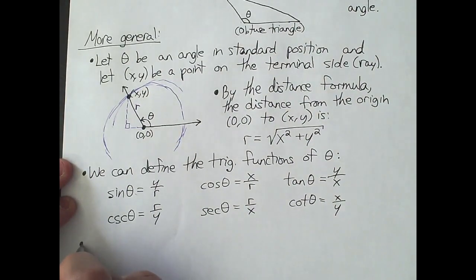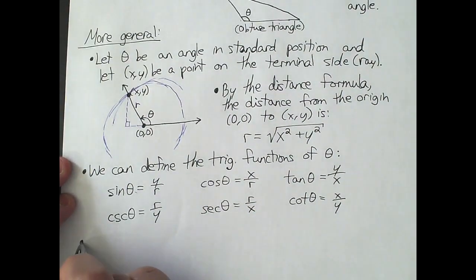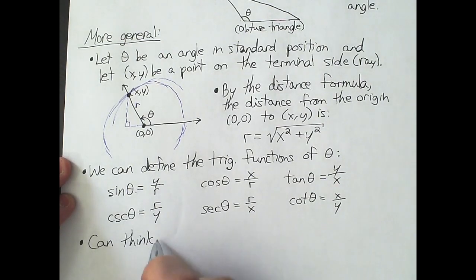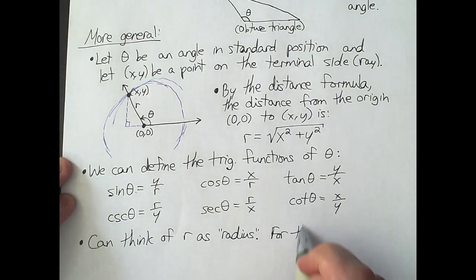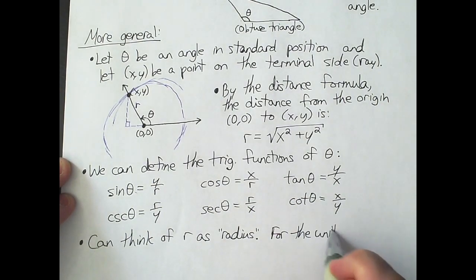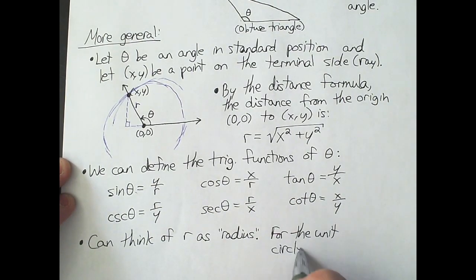I kind of implied this above, but I'm going to write this down for our notes. You can think of r as radius. For the unit circle, r equals 1.